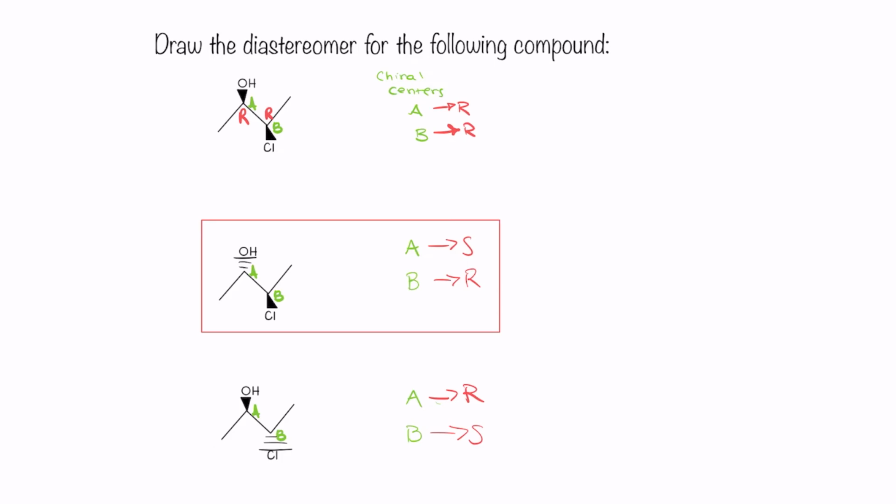And so we flipped its chirality. Here we went from RR to RS, and we only flipped one chiral center. So this is also another plausible answer choice for drawing a diastereomer.